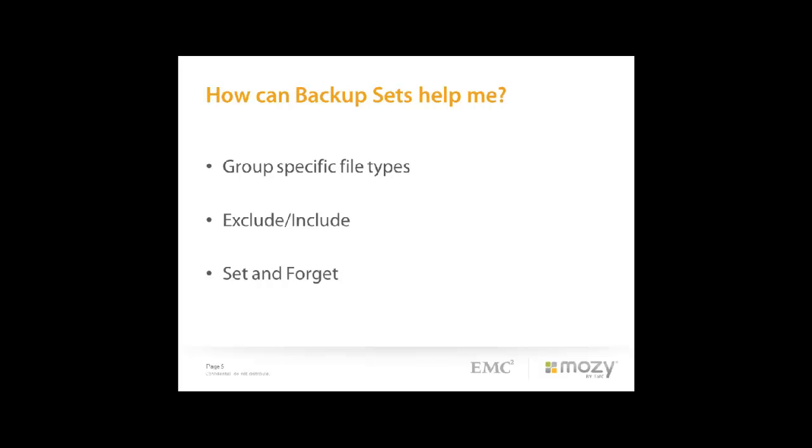The advantage of selecting a backup set rather than going in and selecting individual files and folders is this. Say, for example, PowerPoints are probably the most common file on my machine. If I select the PowerPoint backup set, then no matter where I create a PowerPoint on my machine and save it to, whatever directory, it will be automatically selected for backup.